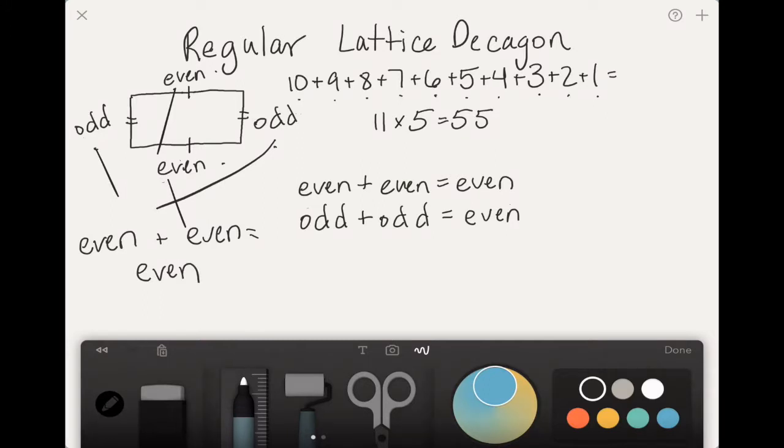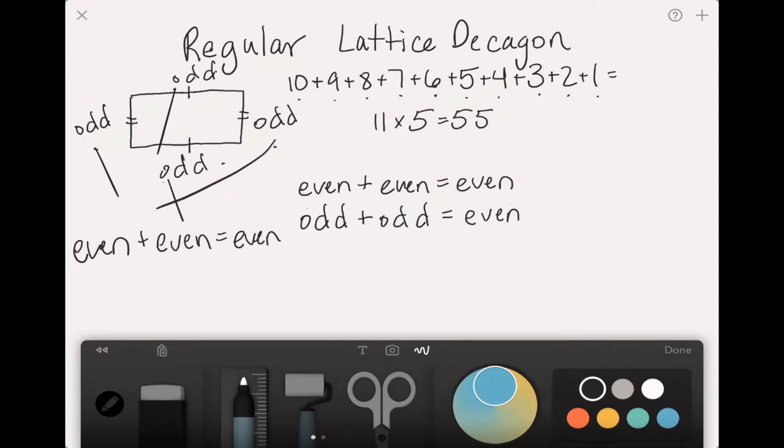Okay, well, what if it's all odd? So let's say these are odd. Well, an odd plus an odd is an even, and an odd plus an odd is an even. So again, we've got even plus even must be even. So the whole perimeter would have to be even.